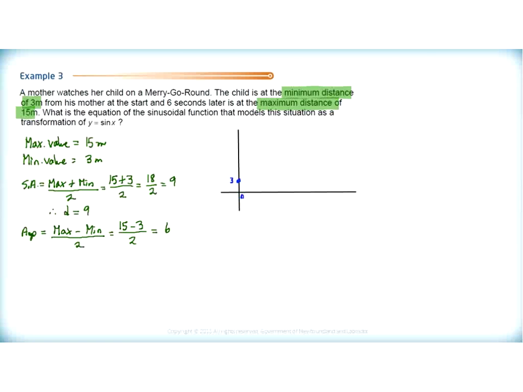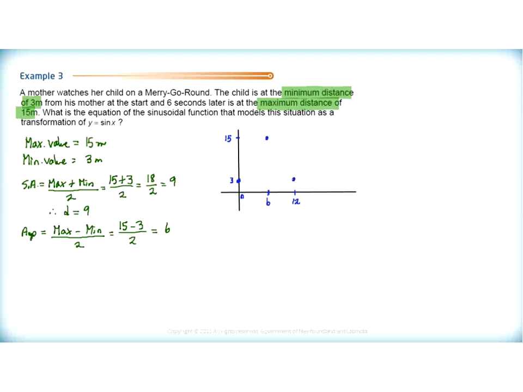And then it says 6 seconds later, he's at a maximum distance of 15 meters. So the maximum distance will be occurring at 6 seconds. If it takes from 0 to 6 seconds to reach a maximum value, it will take another 6 seconds to get back to a distance of 3 meters again. Okay, so that's how you represent the situation.